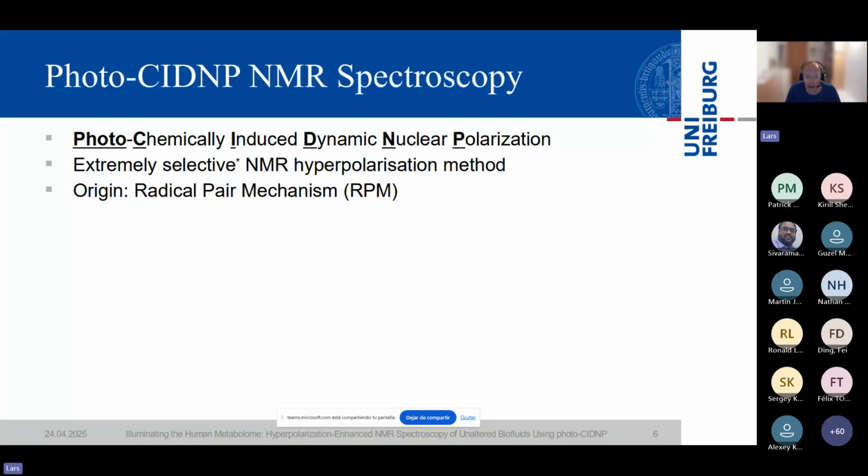It was basically only a handful of molecules that were known to be amenable to the photo-CIDNP effect. I will tell a bit more about that in a second.